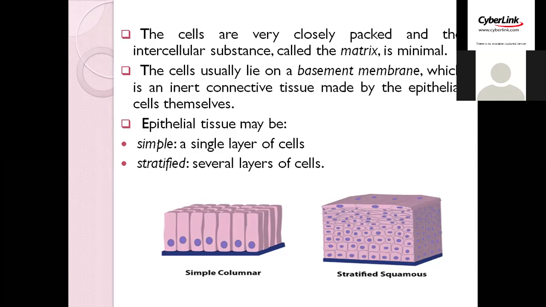At the lower layer, it has cuboidal cells, and in the upper layer, a squamous type. So simple has a single layer of the same type of cells, while stratified has several layers of cells.